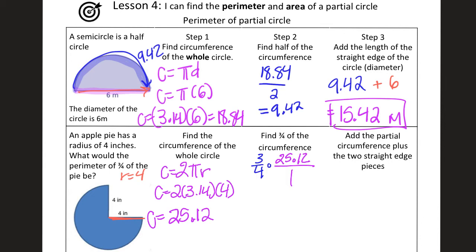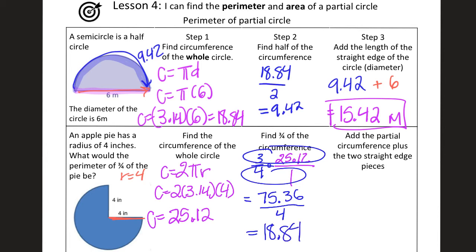So I'm going to take 3 times 25.12, which is 75.36, divided by 4 times 1 is 4. So 75.36 divided by 4 is 18.84.